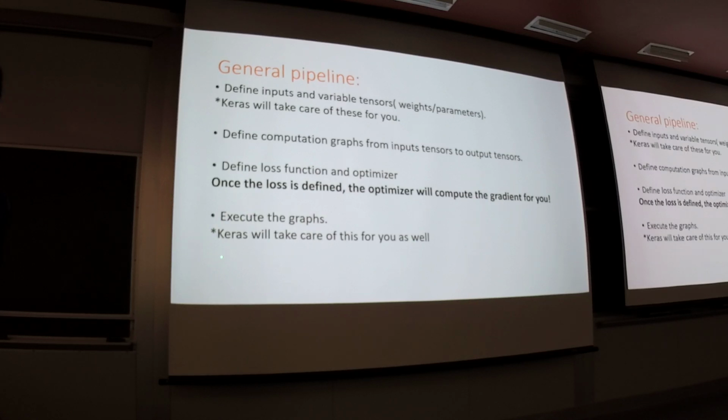Okay, and then the final step will be to execute this graph. And Keras will also take care of the execution for you. It will automatically schedule the input and the epoch, the batch size, and the shuffling of data, and all things like this.